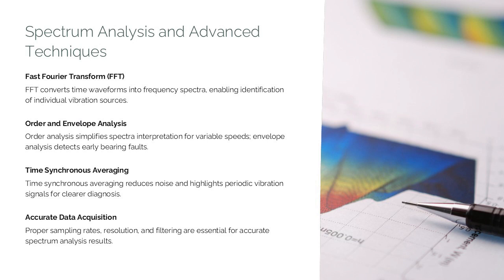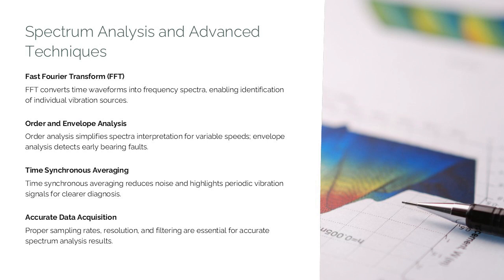Advanced methods such as envelope analysis and demodulation are used to detect early-stage bearing faults by isolating high-frequency impacts. Analysts may also employ time-synchronous averaging to reduce noise and highlight periodic signals. The key advantage of these techniques is their ability to provide clear, actionable insights into machine health, even when the vibration signal is highly complex.